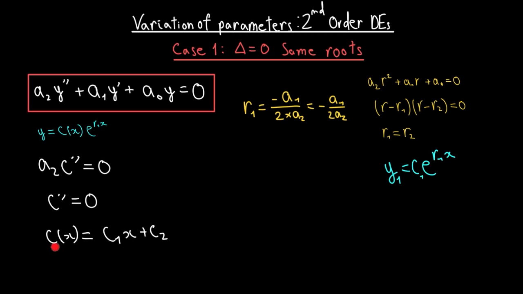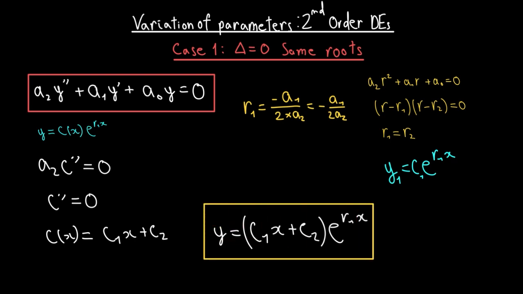And plugging our expression of c of x back into our trial solution y, we get that y is equal to c1 x plus c2 multiplied by e to the r1x. So this is the general solution to this second order homogeneous differential equation.